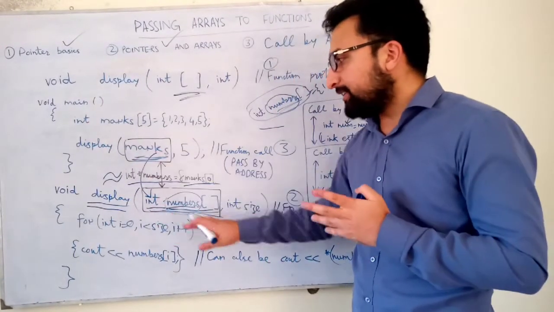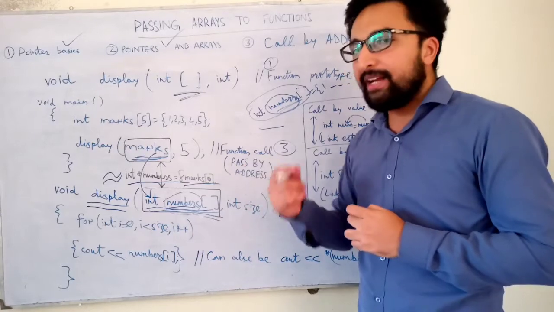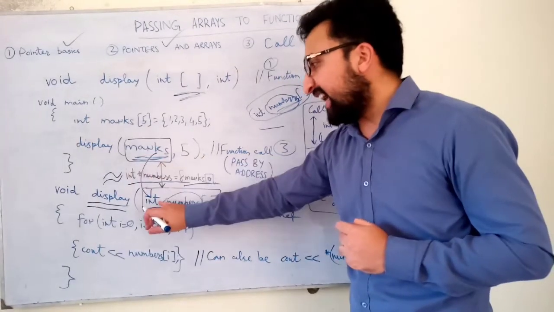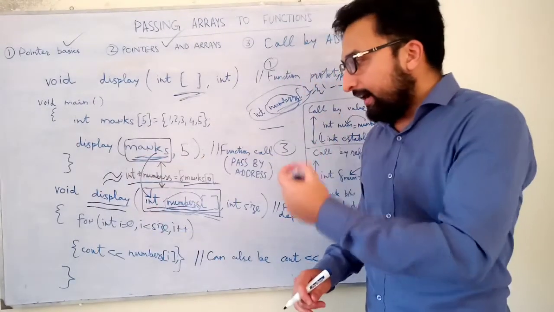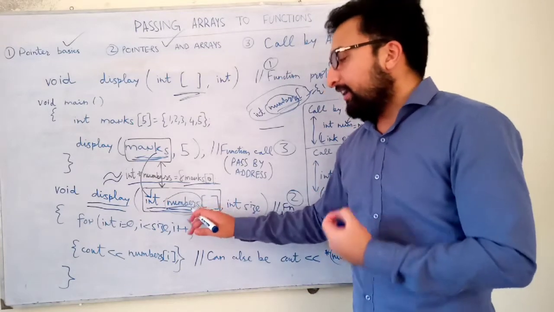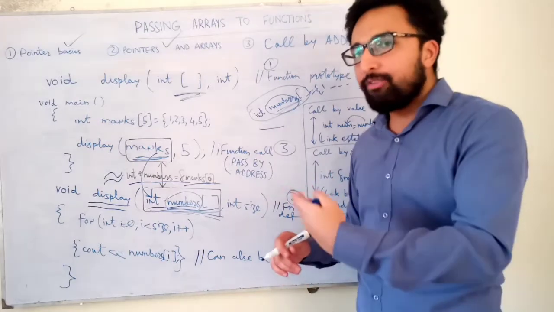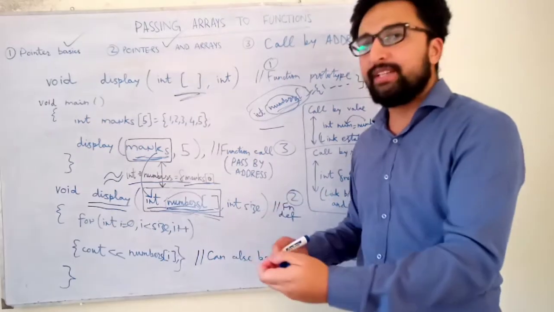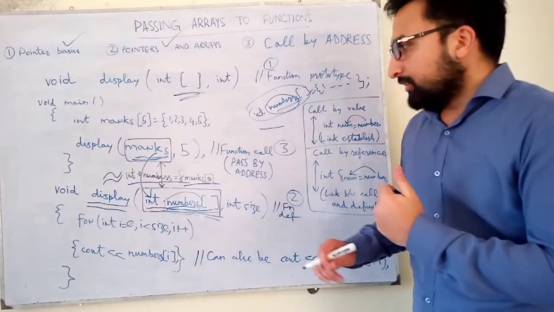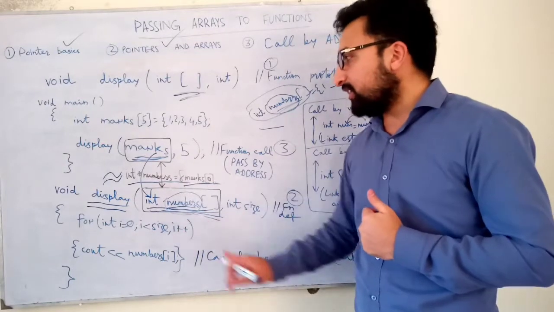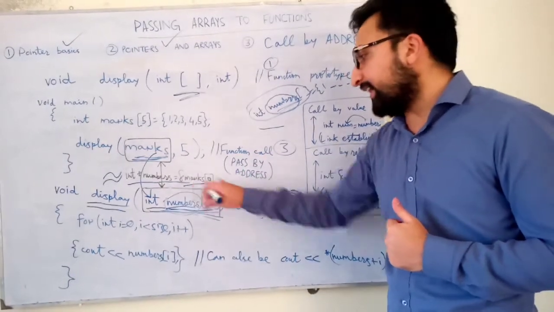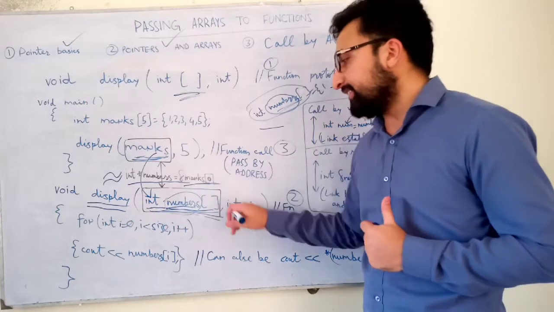One array name, that is basically an address, can be sent to the function where the receiving side is a pointer, or something that serves as a pointer. So this is one thing that is passed as an argument during the function call, and the second thing is the size.